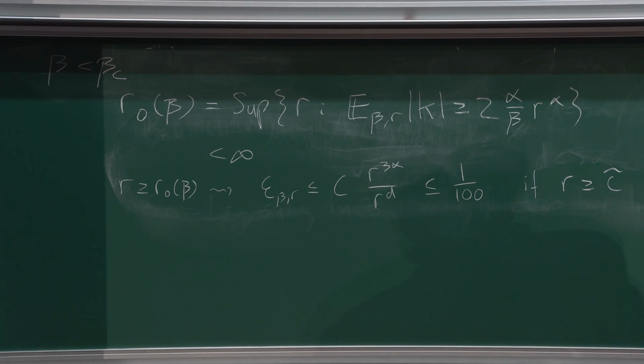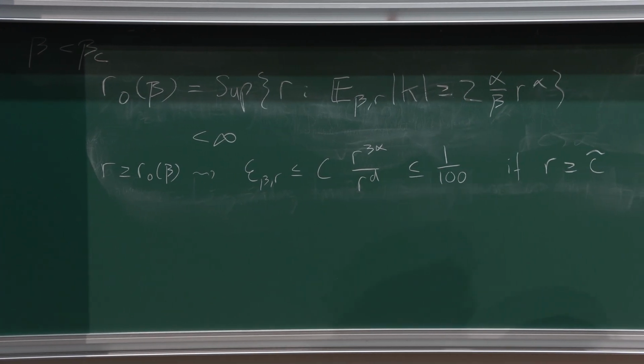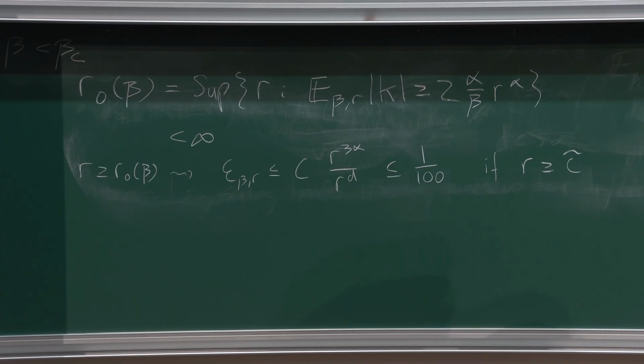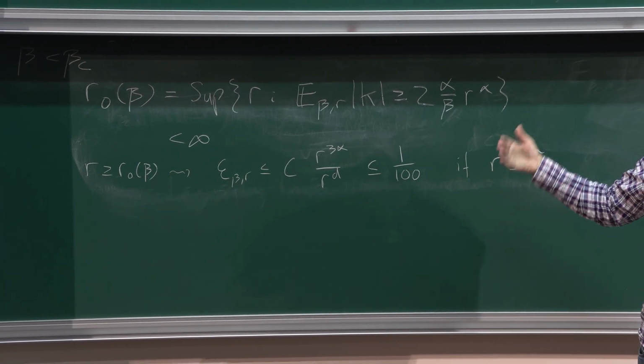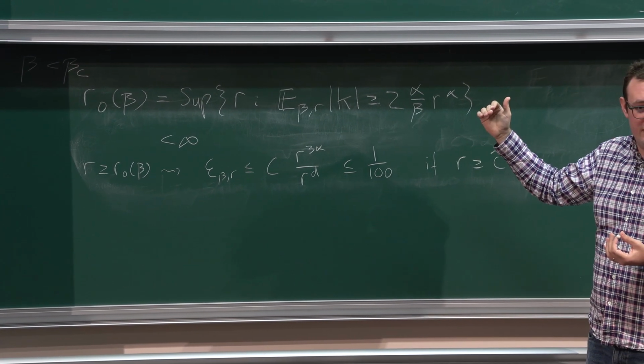So in particular, if R0 is larger than some constant, then you can analyze the ODE and you'll get the correct asymptotics of the solution above this thing.